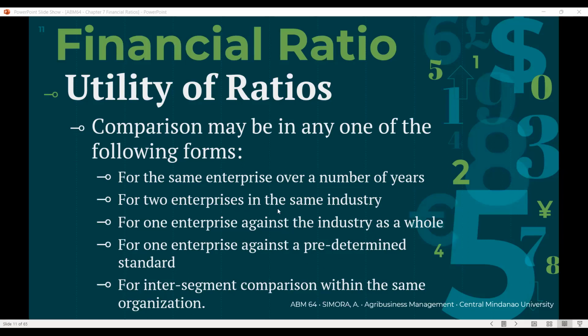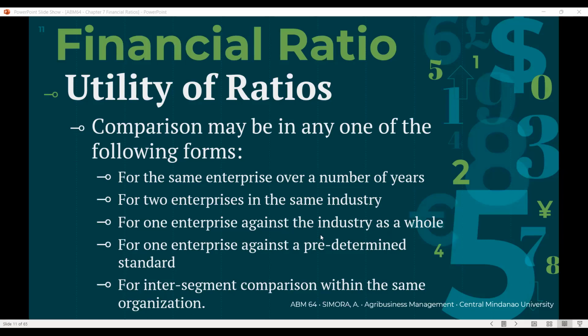That's for two enterprises in the same industry. So for one enterprise against the industry as a whole. So you can also compare an enterprise against the industry as a whole. So probably wala man kailan ma-compare. Wala, let's say, wa kay friend. Charot lang. Joke lang. Let's say, mas ganahan ka mag-compare ani sa whole industry.